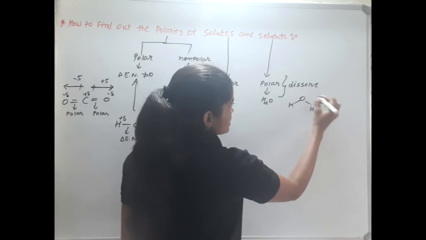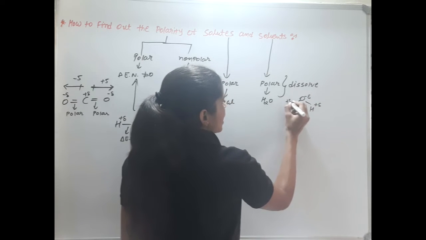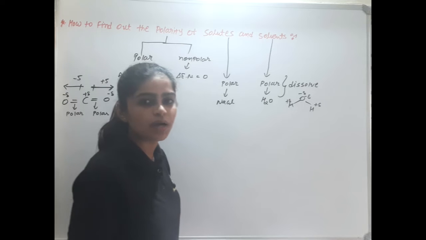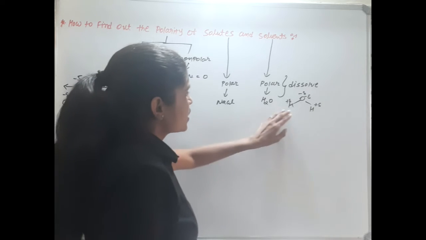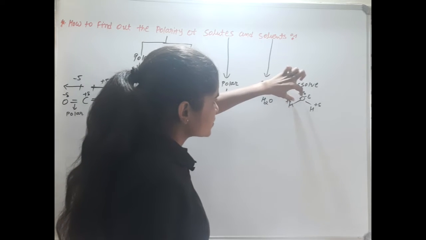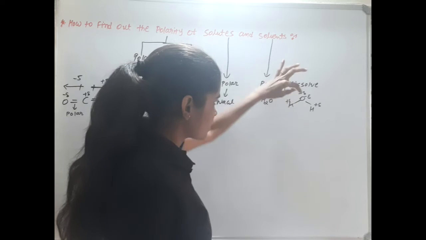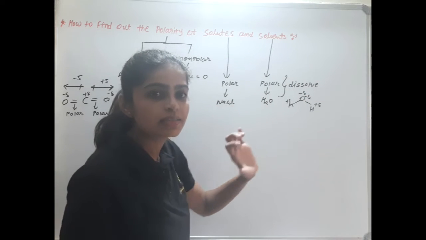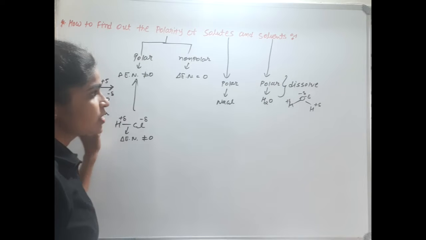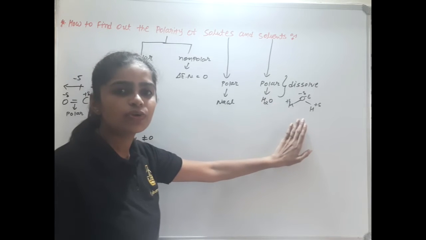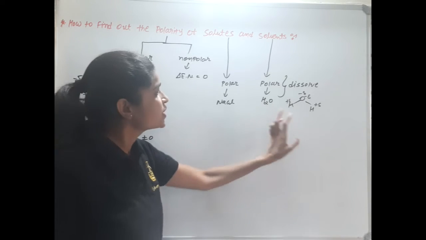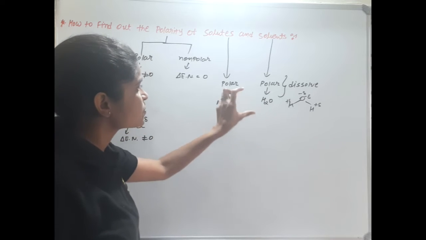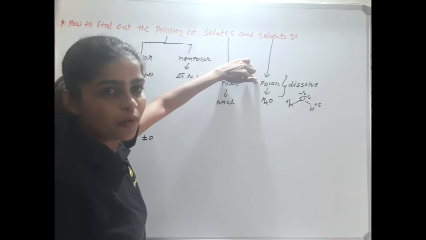Hydrogen has a partial plus charge and oxygen a partial minus charge. So an electronegativity difference is present, but the two bonds are not linear, unlike CO2. That's why an electronegativity difference is present in H2O, so H2O acts as polar.